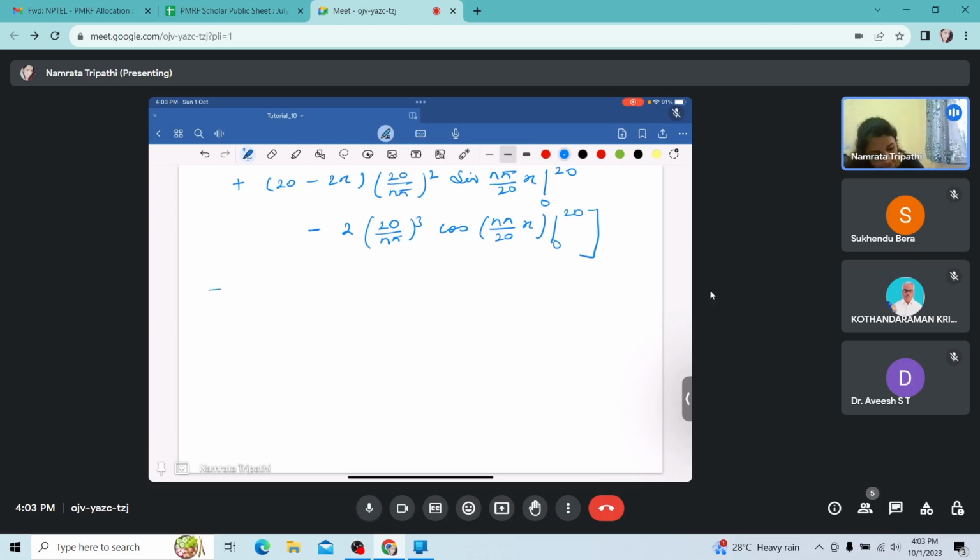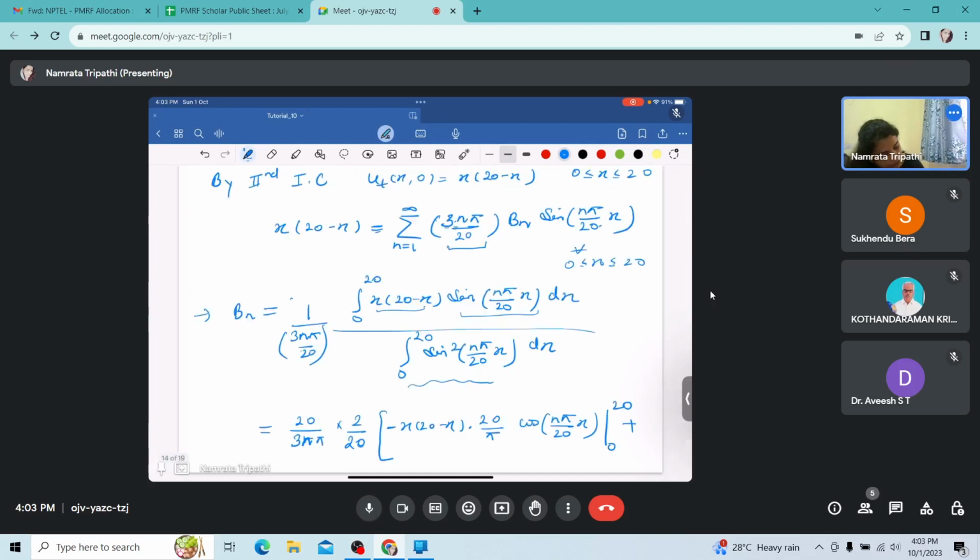So after solving the above expression, when you put 20, this will become 0, and at 0 it will also give 0. And the first expression, when you put 20, it will become 0. When you put x equals 0, this expression becomes 0.